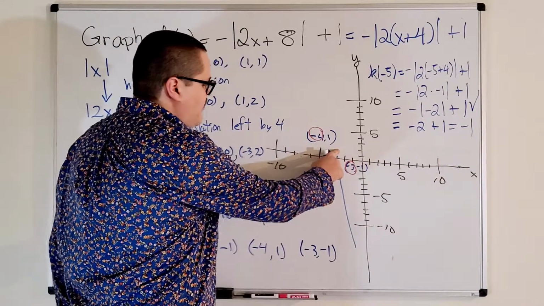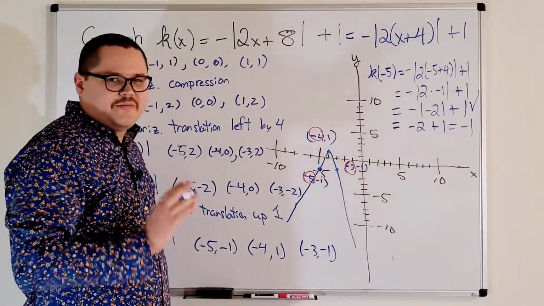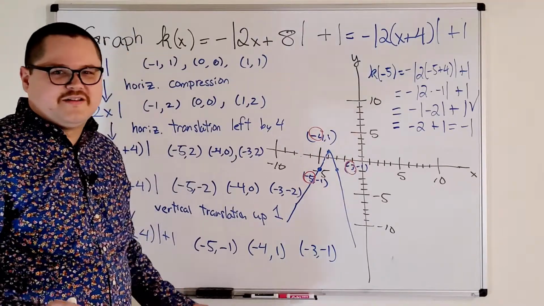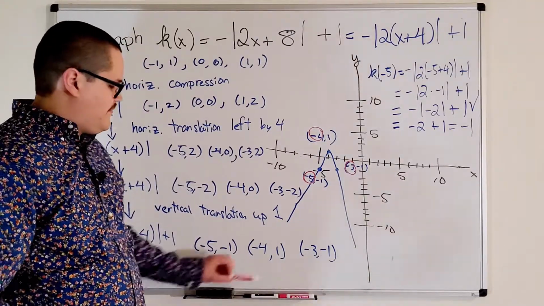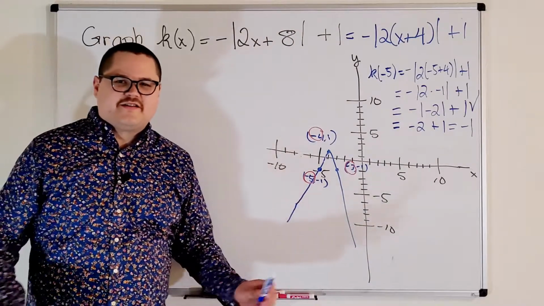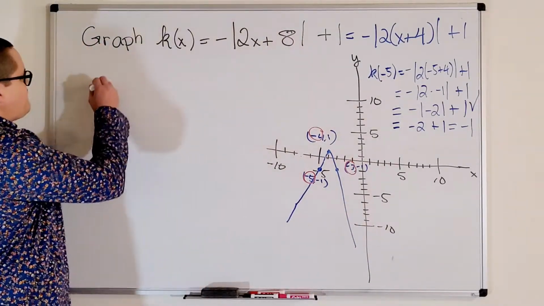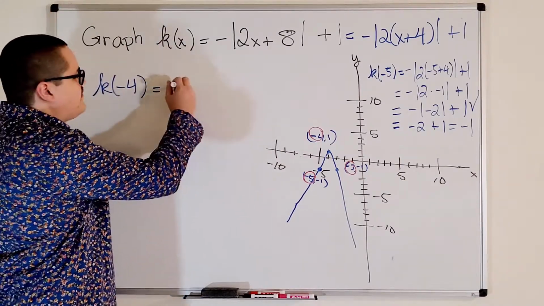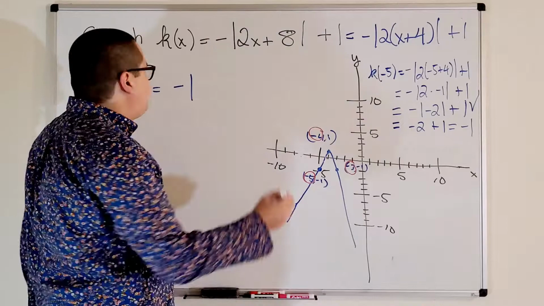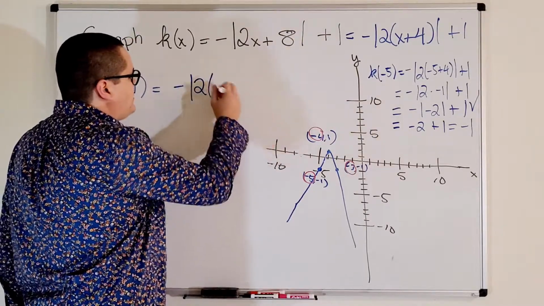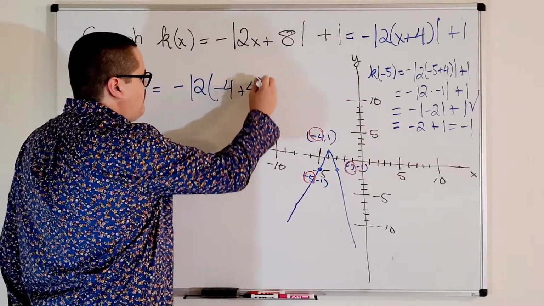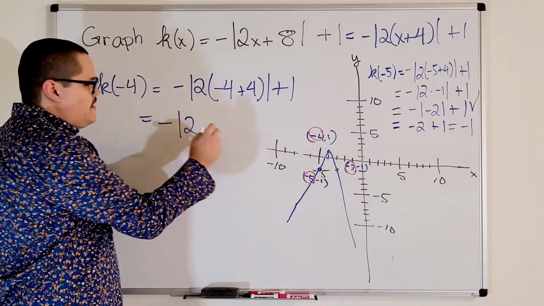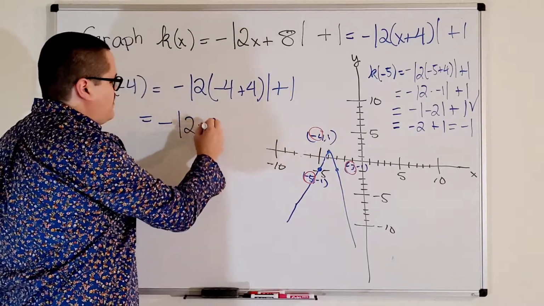Next check. k of -4. We expect that to be positive 1. Is it? Well, let me erase this and we'll find out. Okay, so k of -4 is negative quantity absolute value of 2 times the quantity -4 plus 4 plus 1. -4 plus 4 is 0.